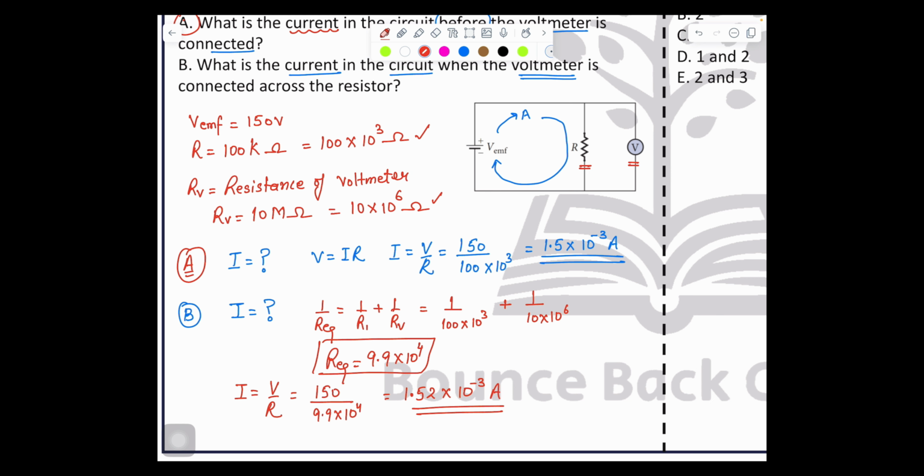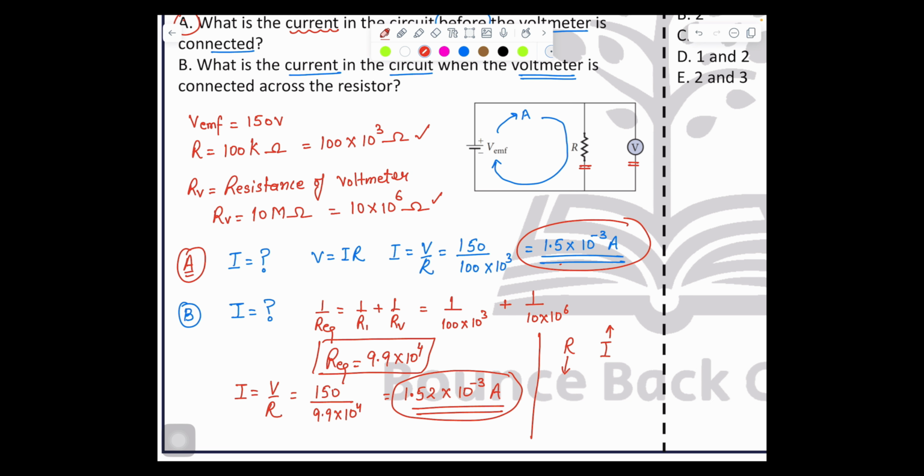And guys, can you see something? From part A and part B, when we involve the voltmeter, what will happen? Overall resistance reduces, current increases.